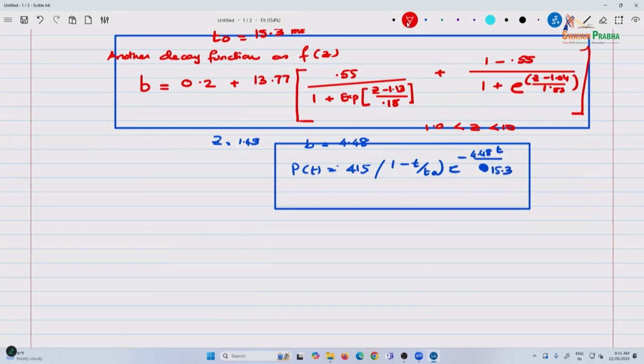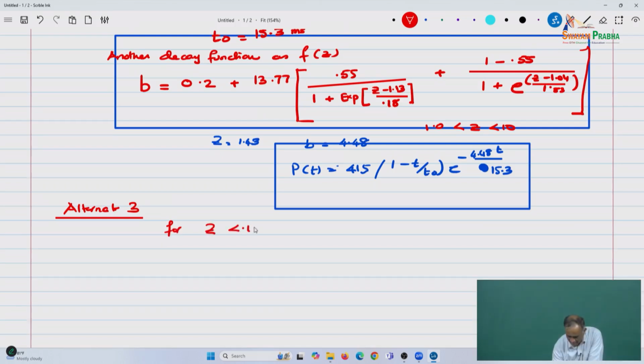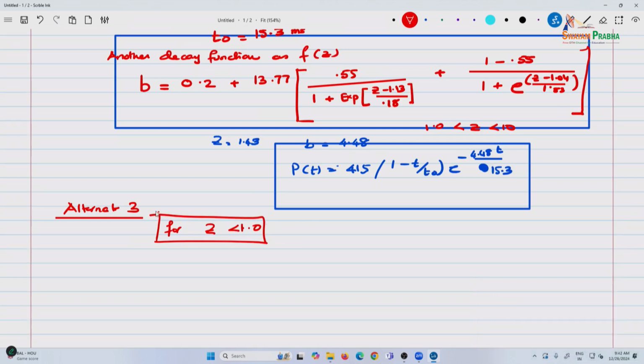Alternatively, when you expand the exponential functions, let me take another example. In this case, for Z less than 1.0, so that was for Z between 1 and 10. I've done this calculation.